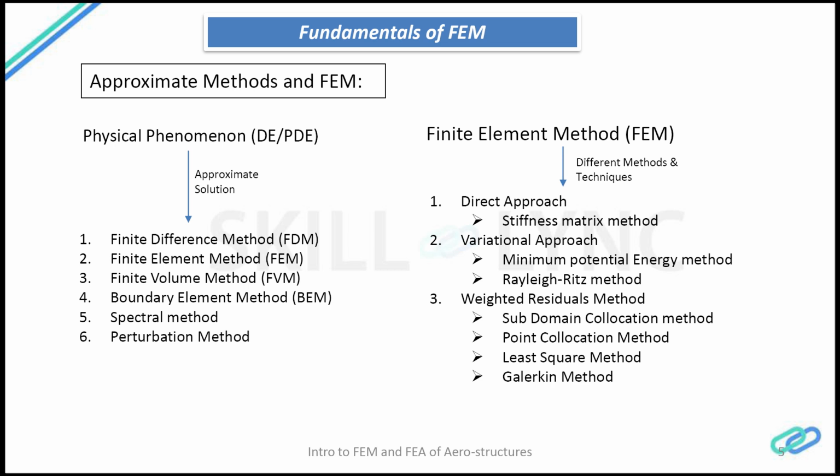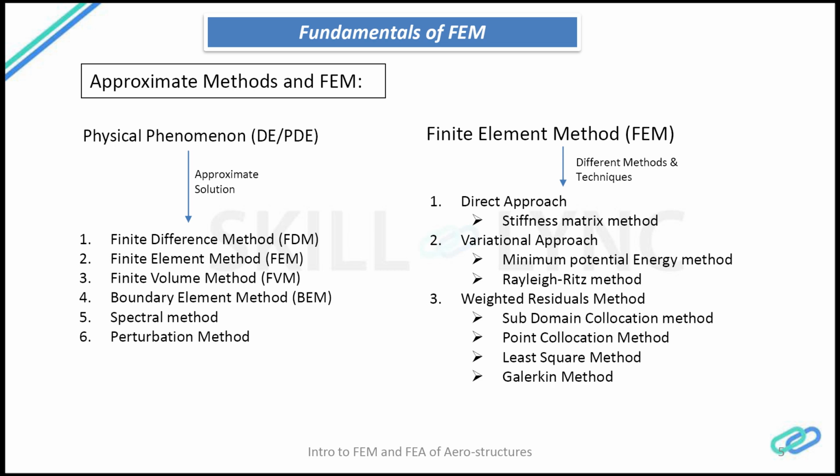Starting with the direct approach and stiffness matrix method, the commercial packages or software tools like Abaqus, ANSYS, Nastran, Patran, Hypermesh, and whatever is in the market, use a combination of the variational approach and the direct approach. It is a mixture, or both methods combined together.